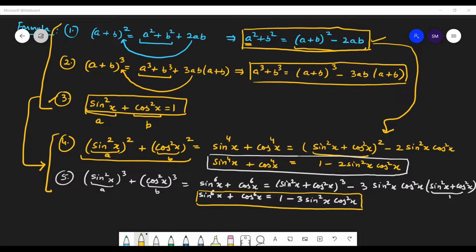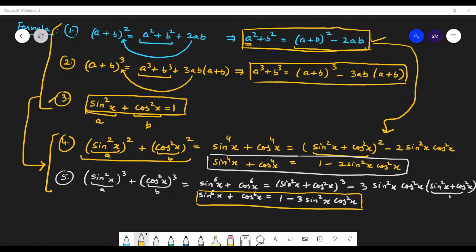Now, what about this? Yes, Anshita? This is sin x plus cos x raised to the power 2 whole to the power 3. No, see, we can write this sine x just like we have written it over here, sine square x raised to the power 3, because I want to make it a cube plus b cube, right?